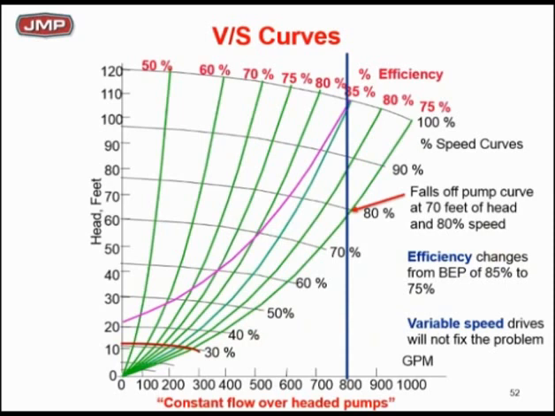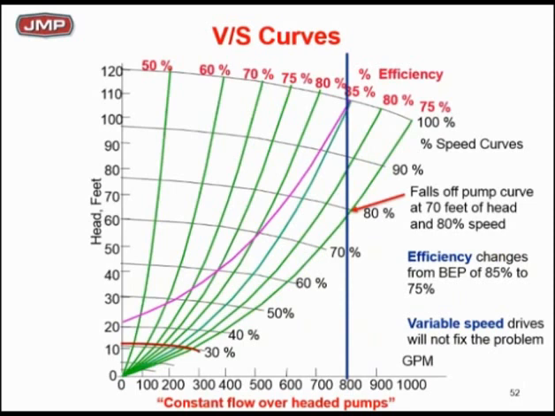Back to that same pump curve I had earlier: 800 GPM, 110 feet of head. Great, no big deal. Let's assume it's a condenser water pump where I want a constant flow of 800 GPM, or a hot water or chilled water system with two-way valves at full load, which only happens 1% of the time, but it will happen.